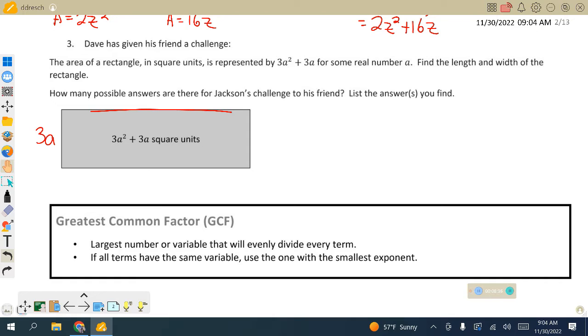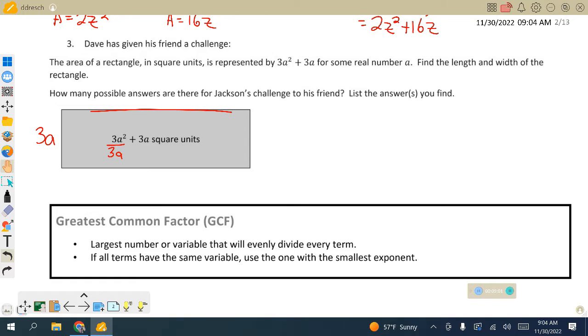So Caleb says, hey, this had to be 3a. What did that width have to be in order to get that area? What had to be there originally? I took out a 3a. We're undoing multiplication by division. What's 3a squared divided by 3a? 1a. All we're doing is going back to your 5th and 6th grade exponent skills. You're dividing by 3.